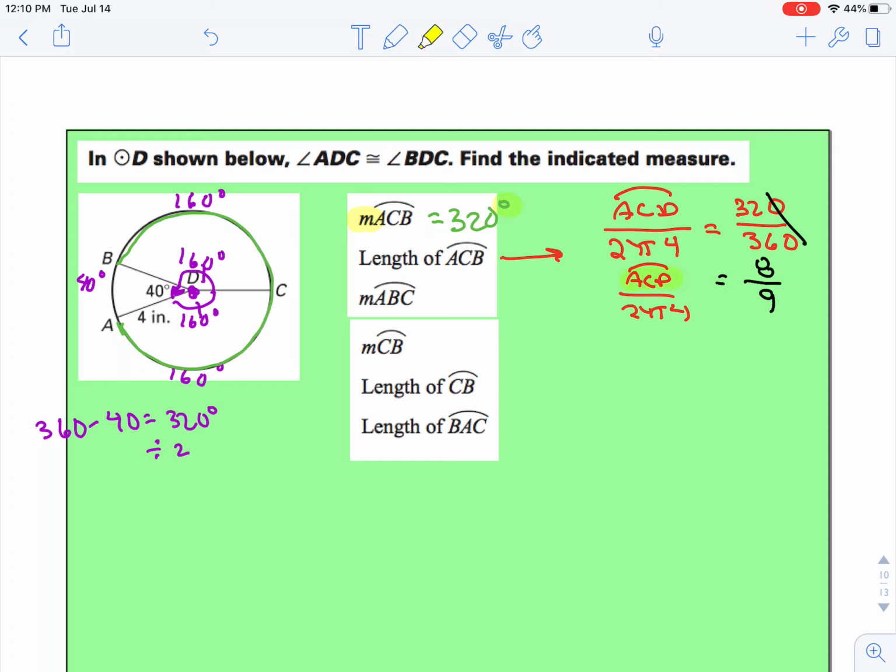You don't have to. So now we get ACB divided by 2 pi 4. Now all I have to do to solve this for ACB is multiply each side by 8 pi. And so what that gives me is that arc ACB is approximately equal to 22.34 inches.